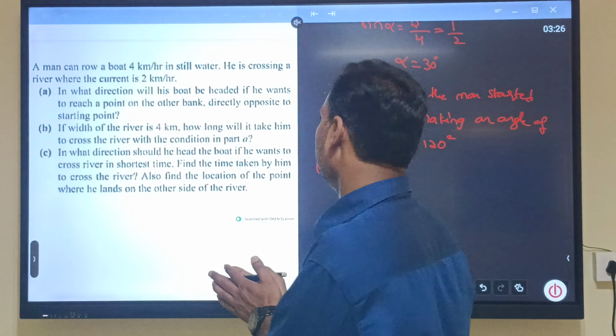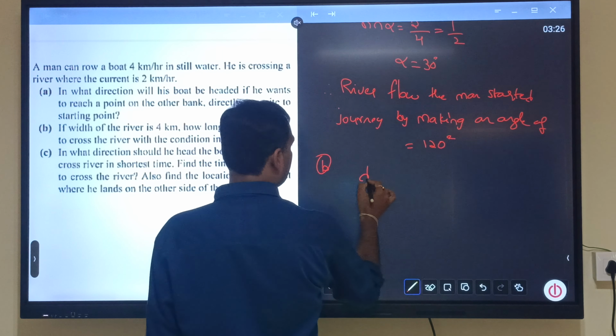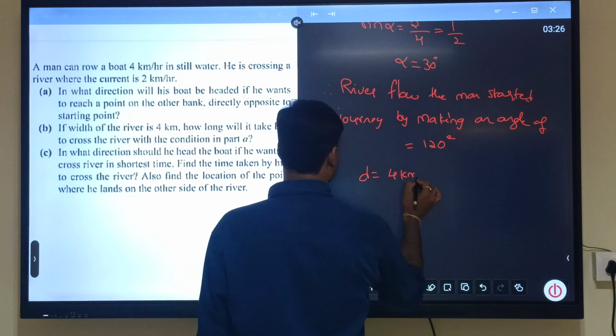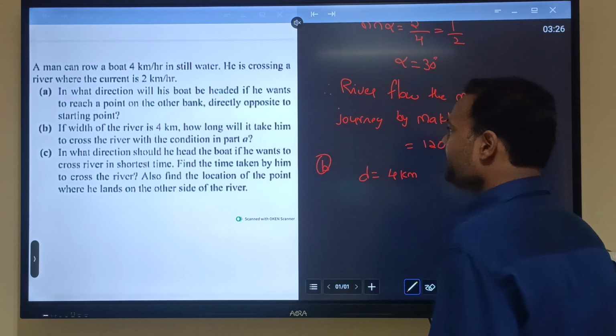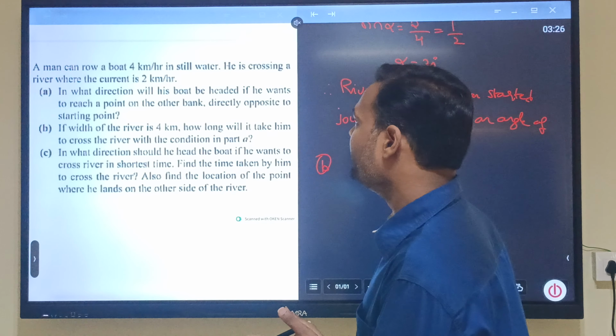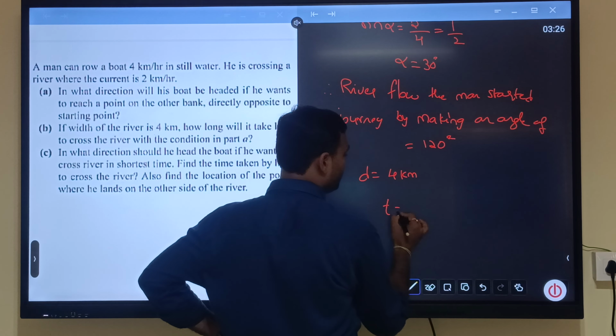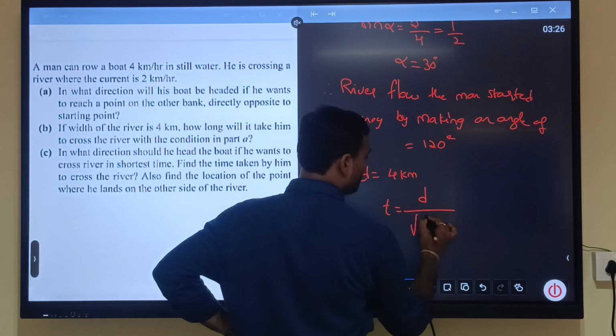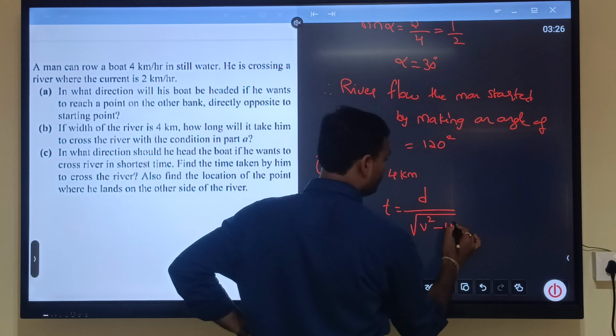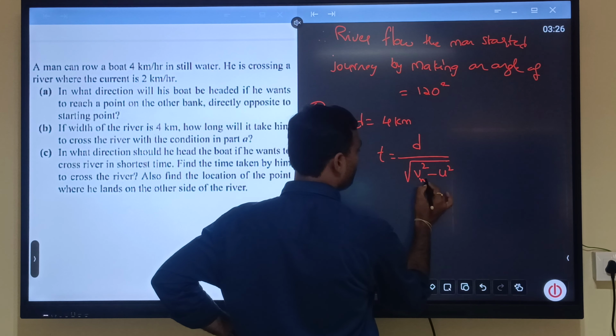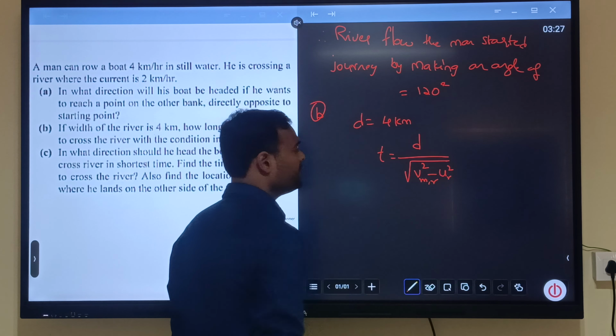If the width of the river is 4 kilometer, that is d is equal to 4 kilometer, how long will it take him to cross the river with the condition in part A? So according to the concept, t is equal to d by under root of v square minus u square. This is the velocity of man with respect to river, this is the velocity of the river.